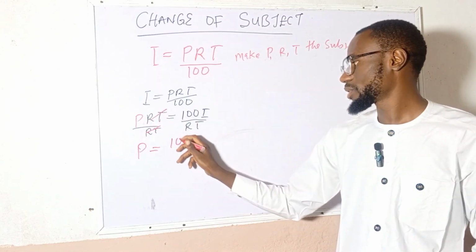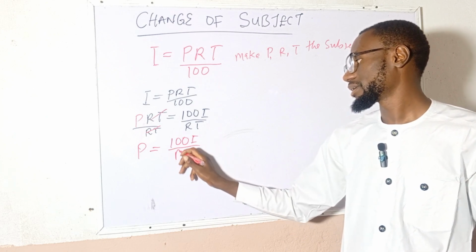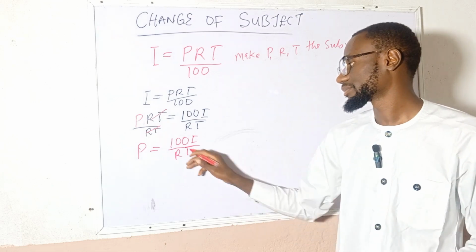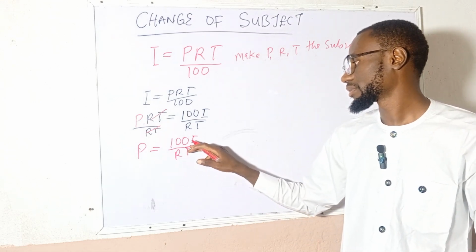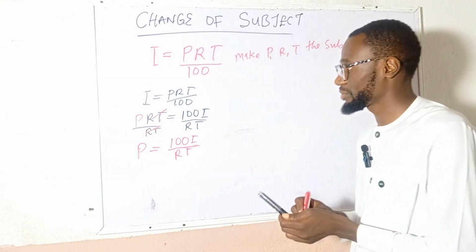P is equal to 100I all over RT. Now we have made P the subject of the formula.